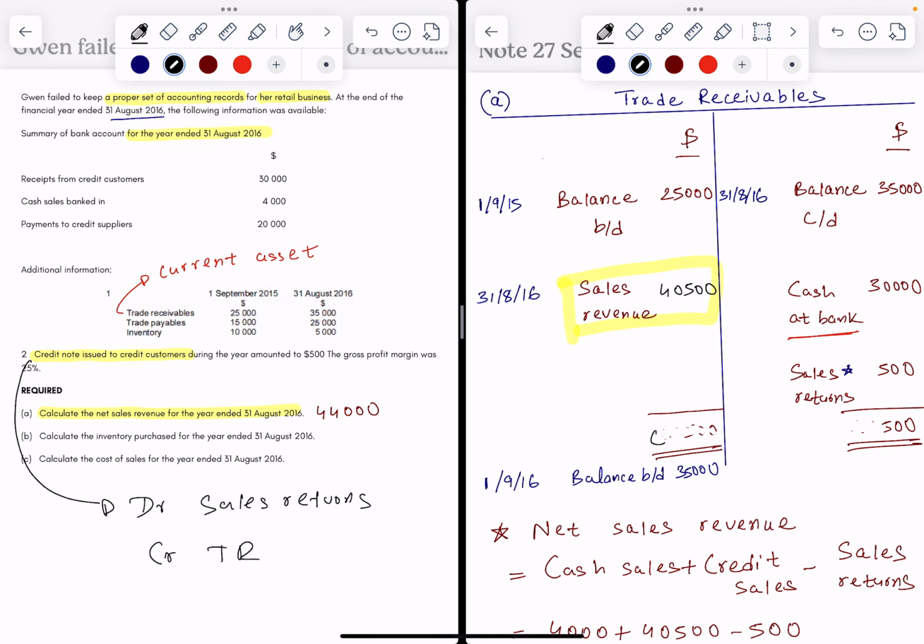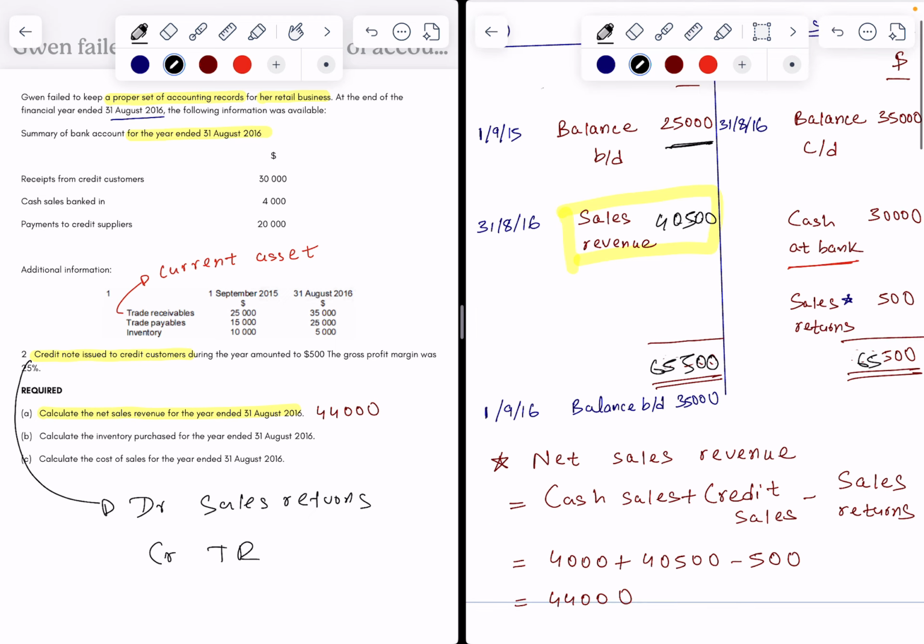Which means now, if you want to find the sales revenue, you have to subtract the opening balance of 25,000 from 65,500, right? And that gives us $40,500, right?